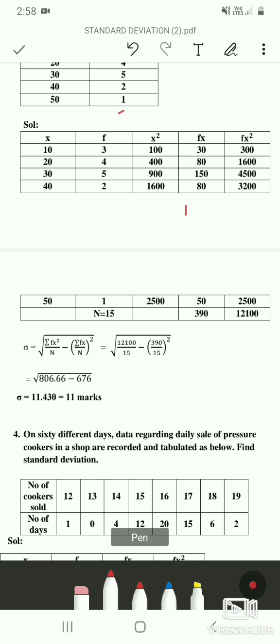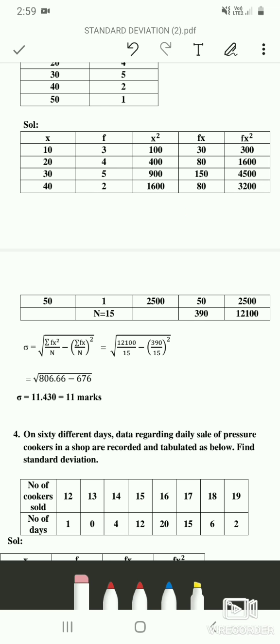Therefore the standard deviation is the square root of summation fx square, which is 12100, divided by capital N as 15, minus summation fx, which is 390, divided by 15, whole square. Simplify, and we get the answer as 11.430, which is approximately equal to 11 marks.